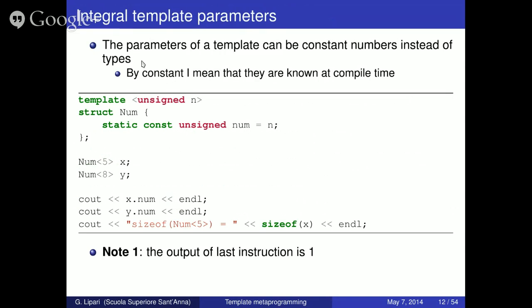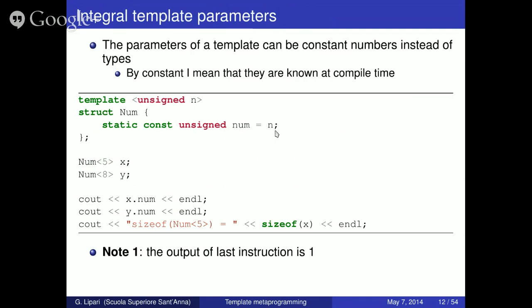Now, the parameters of a template can also be constant. In particular, they can be constant numbers instead of types. By constant, I mean that they are things that are known at compile time. These are not variables, they are things that are resolved at compile time. For example, you can write this very silly structure, num, which is templatized with a number n of type unsigned. Internally, you define a static element num which is equal to n.